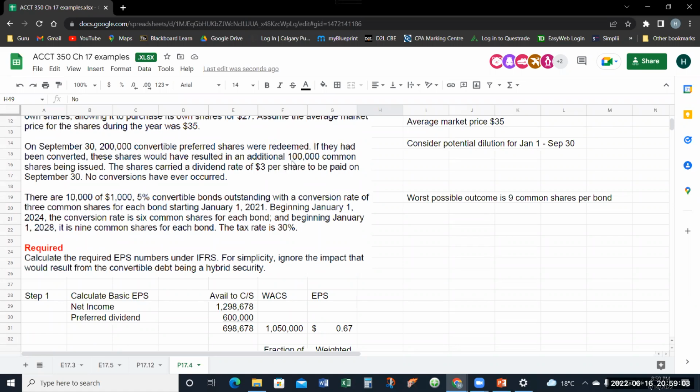Actual conversion, or redemption rather, occurred on September 30th. So September 30th is my cutoff point. So how long were they potentially convertible? Jan 1st to September 30th. That's 9 months. So 100,000 shares was the potential number of shares that could have been issued. But that potential only existed for 9 months out of 12. So I've got to prorate that. So 100,000 times 9 over 12.